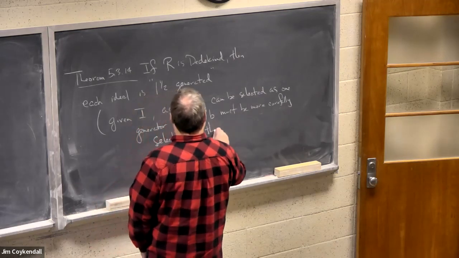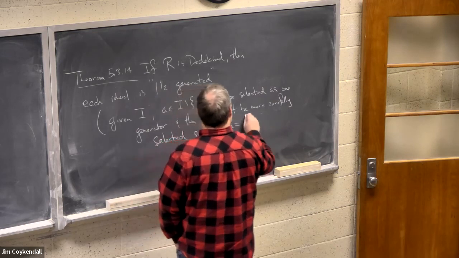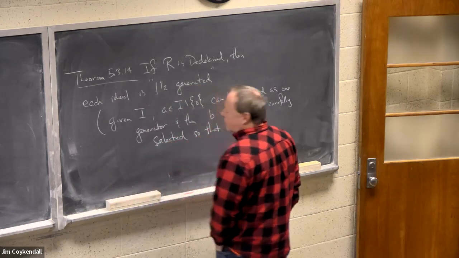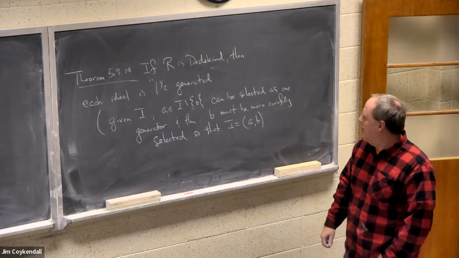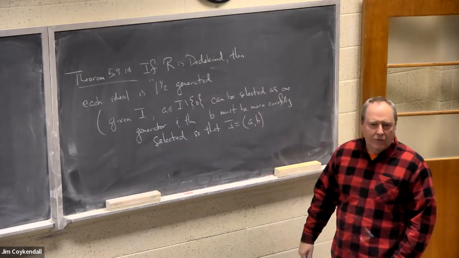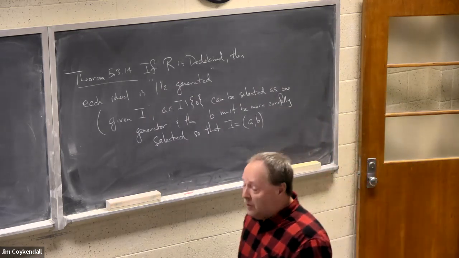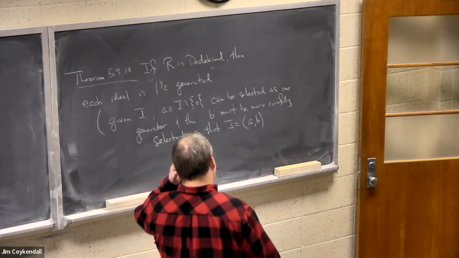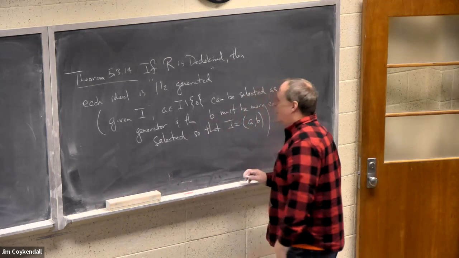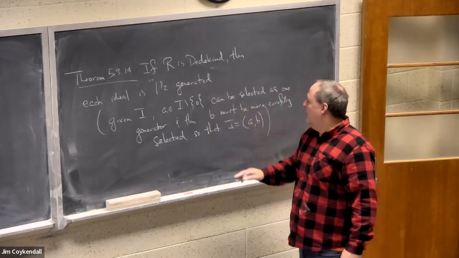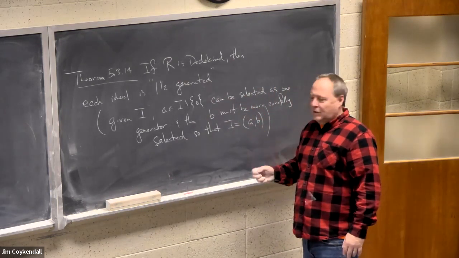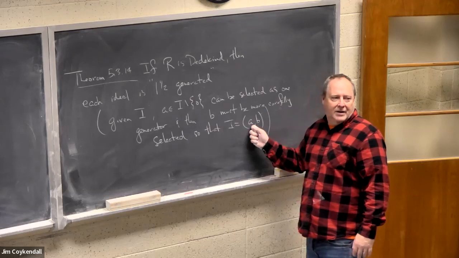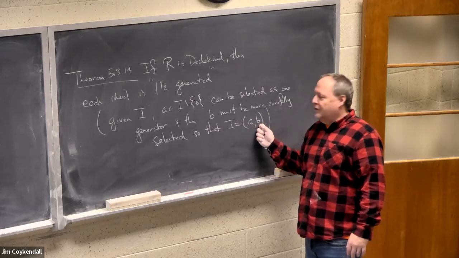The 1.5 generator property just means that basically you can select your first generator at random as long as it's not 0, and then you might have to be careful about the next step. Let me point out that when I say 1.5 generator, this also includes principal, because even if I is a principal ideal, you can pick anything you want here, and then if you're careful and select the principal generator, you will find it.